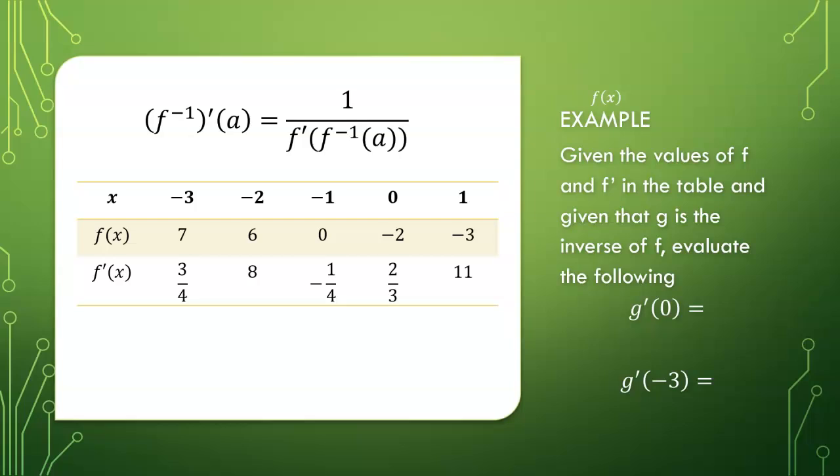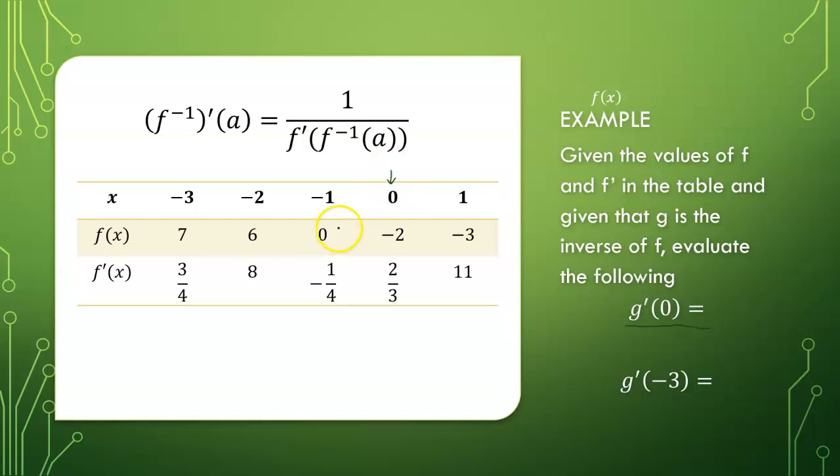There's an example here, keeping in mind that relationship of reciprocals. I have an f of x function and I have its derivative at selected values here. If I want to figure out the derivative of the inverse of my function at 0, I'm not going to look at x equals 0.